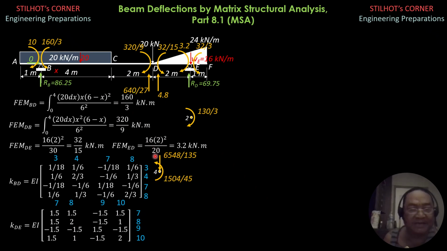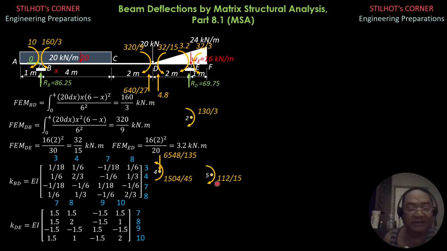So that means it is counterclockwise. Then here, it's 3.2 minus 32 over 3. It's negative 112 over 15 or 112 over 15 clockwise at node 5.